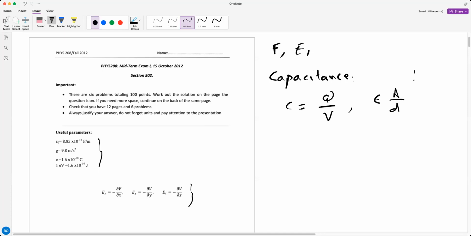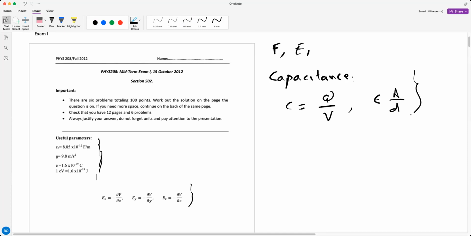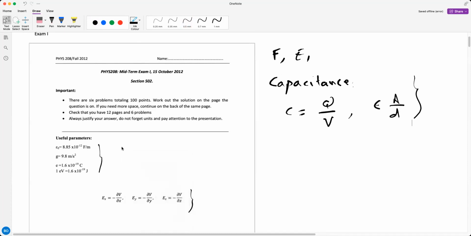So this I can give, it's not a problem. But the formula for the electric field and for the Coulomb force, I think you should know. And obviously the formula for the Gauss law, it's very simple: the integral of the electric field over the closed surface is equal to the enclosed charge divided by epsilon zero.